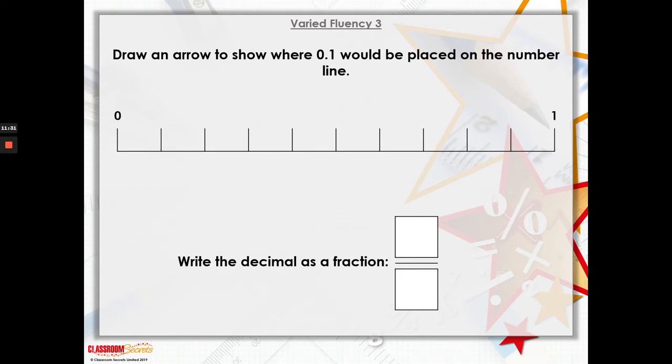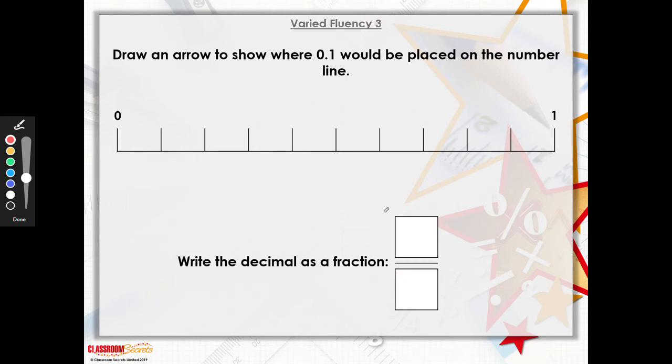Okay, welcome back. First of all, let's write the decimal as a fraction, because you pretty much say it when you say 0.1. You say it's 1/10, because that 1 is in the tenths column. So 1/10 gives you an idea of what the fraction looks like. So hopefully you've done the fraction as 1, then your denominator is 10, because you have 1/10.